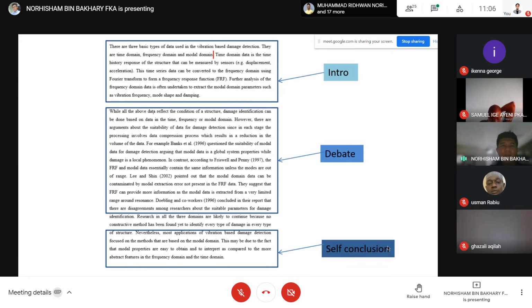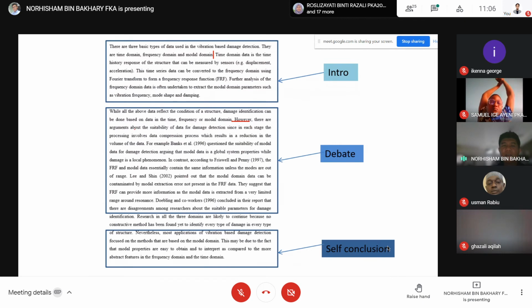So while all the above data reflect the condition of the structure, I can tell from my reading that people use different methods or different data, since they provide the condition of the structure. However, can you see that? However, this is what I find in my literature.